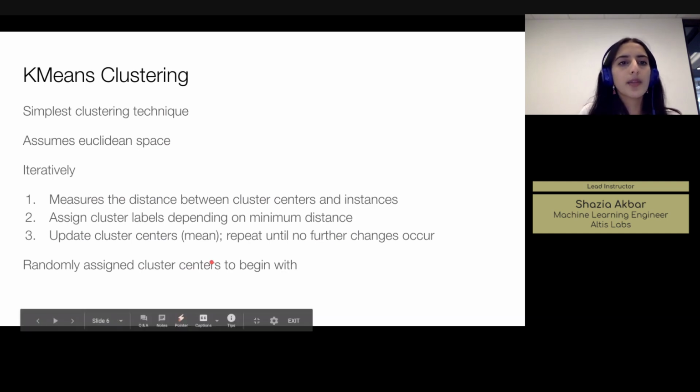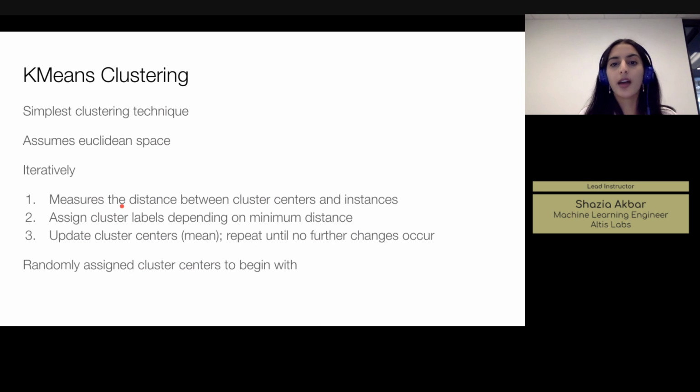What happens in K-means clustering is that we first randomly assign clusters within a high dimensional space, and then we measure the distance between cluster centers and all the instances within our training set, and assign the cluster labels depending on which cluster has the minimum distance from each data point.